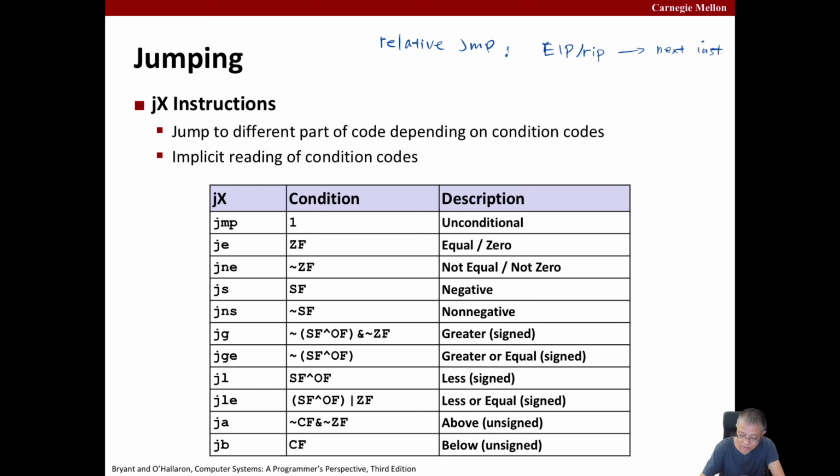So the relative jump is basically jump plus or minus an offset. To calculate the destination address, it's basically EIP plus or minus the offset.